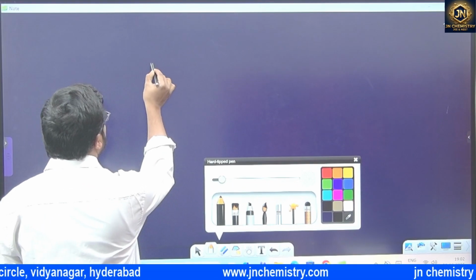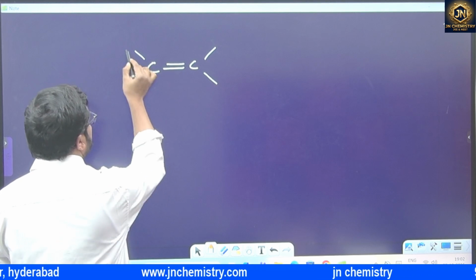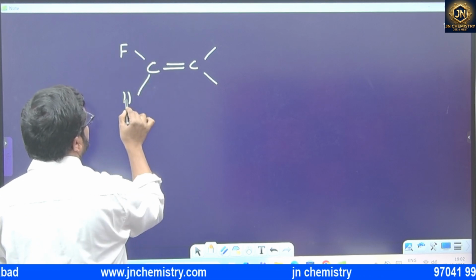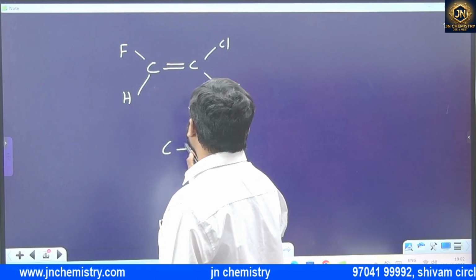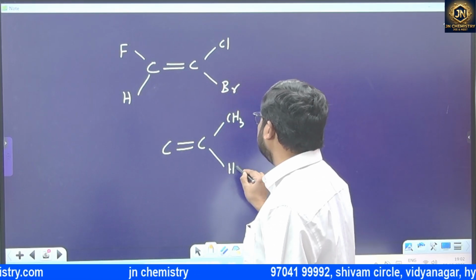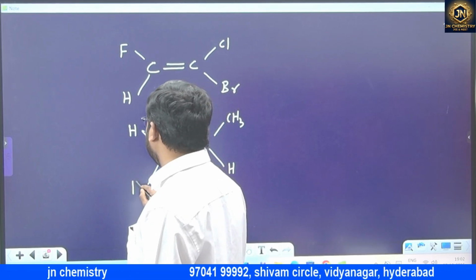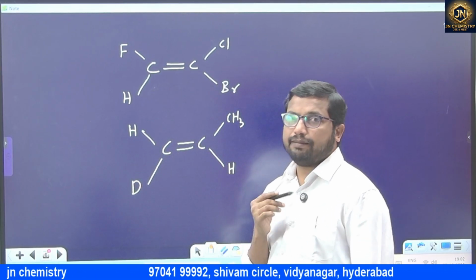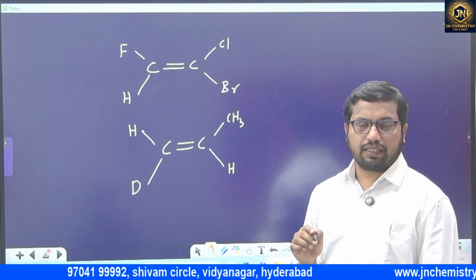Now let me know, which is E and Z right now? Fluorine, hydrogen, fluorine, bromine, CH3. See, if the atomic number is the same, we need to go with the mass number, the atomic mass.